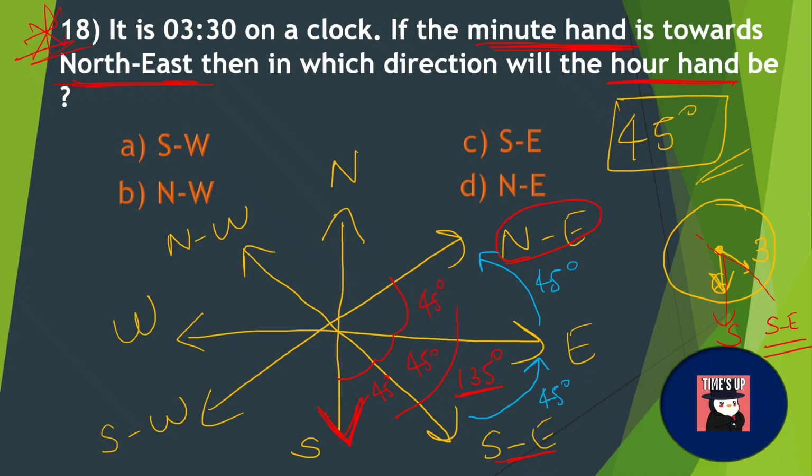Now 45 plus 45 will be 90. Now northeast to north is also a 45-degree angle. So total it will be 135 degree. Where did we reach? We reached north. So the answer should be north.